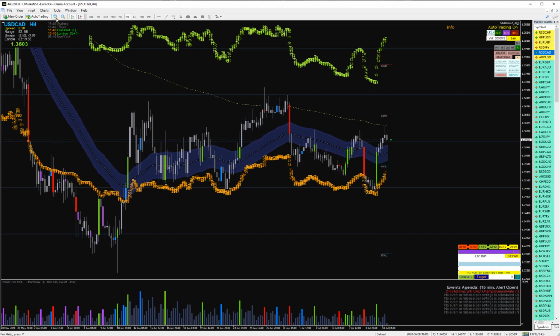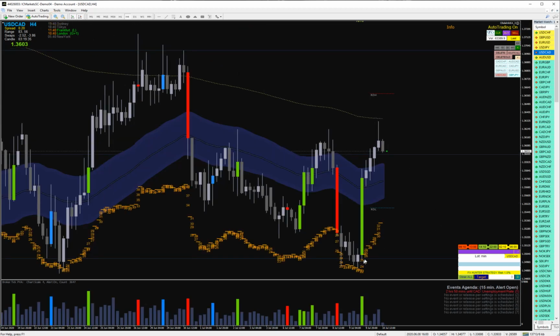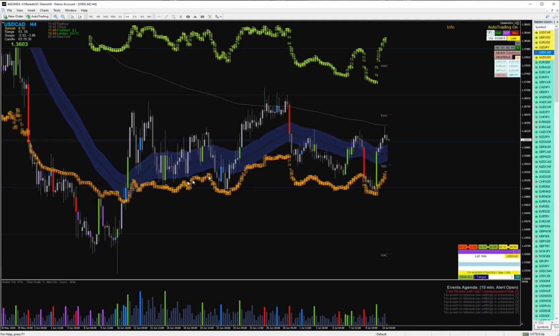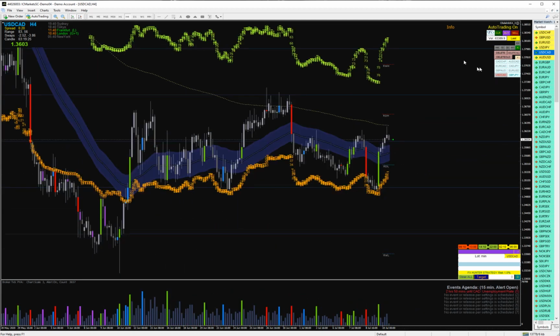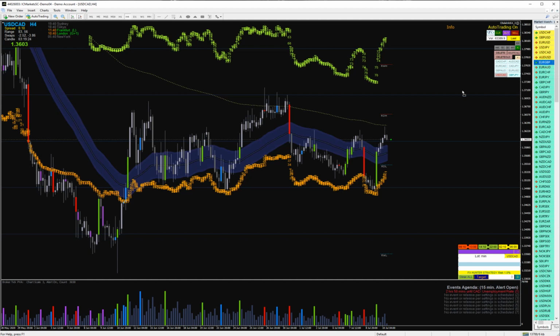And what's actually happening, the number of the sellers is slowly growing, and you can see how they don't get a chance to get out from the trade. So it's another tool to help us understand.